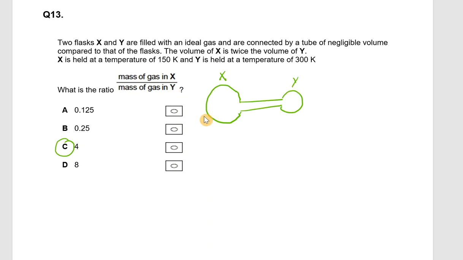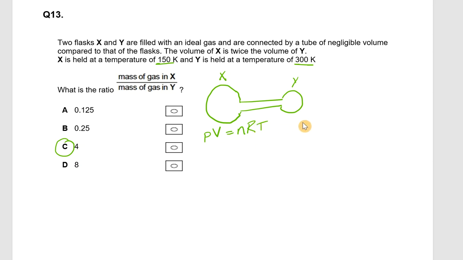Okay, so one thing I can say immediately: we're told the temperatures, but I can also say the pressure in X and Y is the same because they're connected together. So what equation am I going to find in my data sheet to help me answer this question? I'm going to look at this one here: the pressure multiplied by the volume of gas is equal to the number of moles multiplied by the molar gas constant multiplied by the temperature.